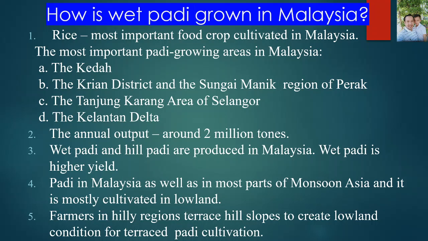These names are districts in the country of Malaysia. And the last one, the Kelantan Delta, especially the Kemubu irrigation area.